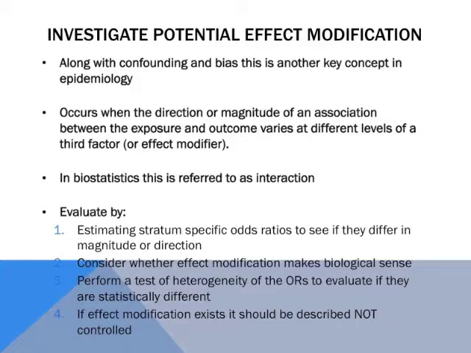If they do differ, then one must also consider whether effect modification makes biological sense, or if the observation is spurious. Then, a test of heterogeneity of the odds ratio is conducted to evaluate if they are actually statistically different. If effect modification exists, it should be described and not controlled for like confounding.